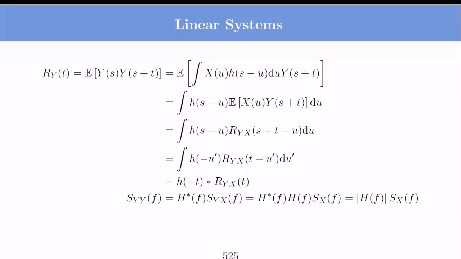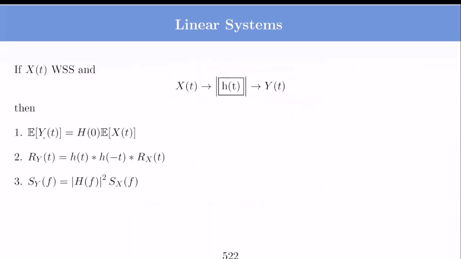The Fourier transform of h(-t) is given by the conjugate of the transfer function, and the Fourier transform of Ryx is already Syx(f), which we computed in the last slide as H(f) into Sx(f). So if these are multiplied, this will be the absolute H(f) squared. So what I get is Sy(f) is equal to |H(f)| squared into Sx(f). There's a typo here, it should be square.